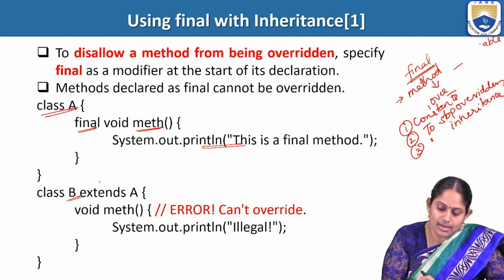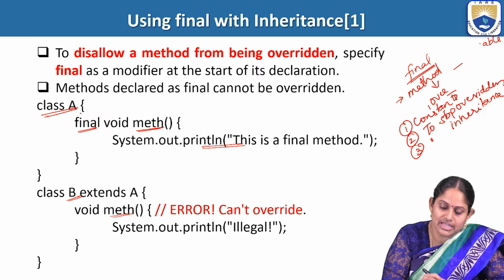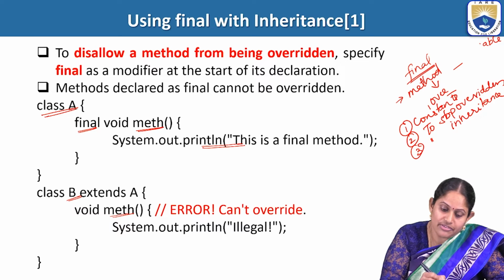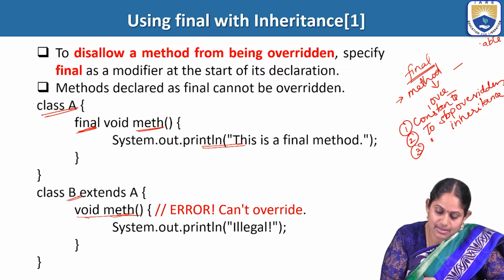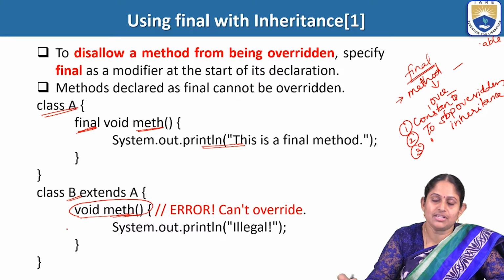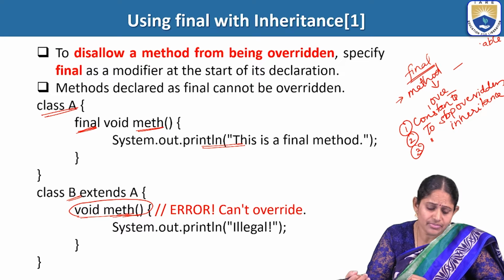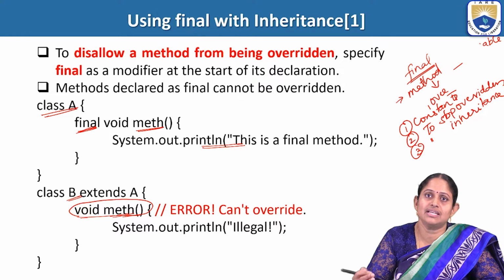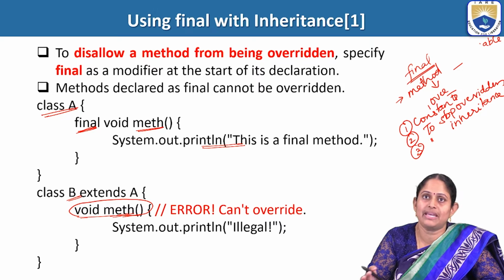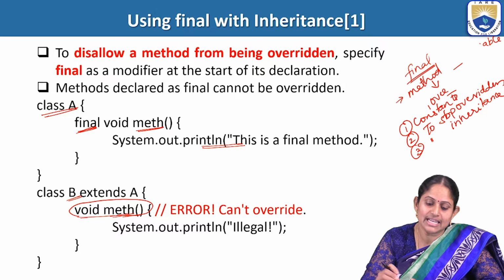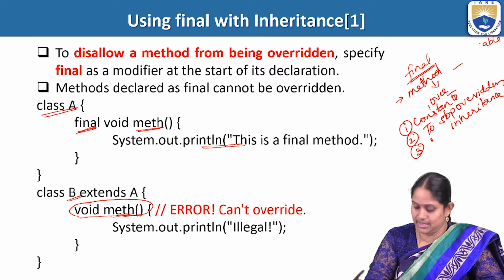But if we try to override the method which is available in the parent class and was declared as final, then the JDK will throw an error. The overriding of any final method is not allowed in Java. So if you want to stop any method from being overridden, then you can declare that method as final.